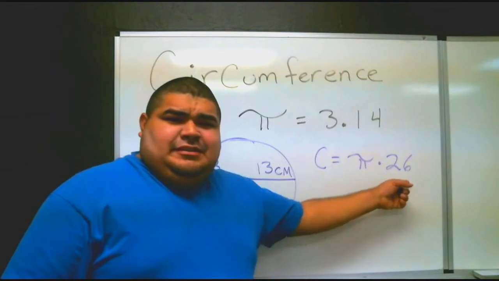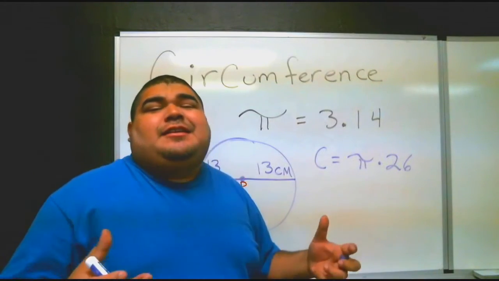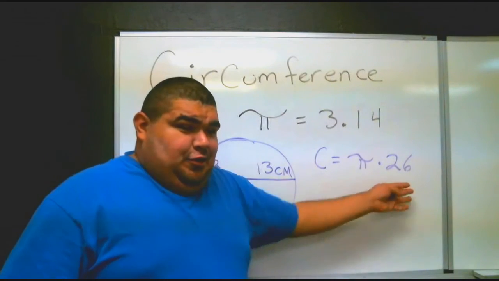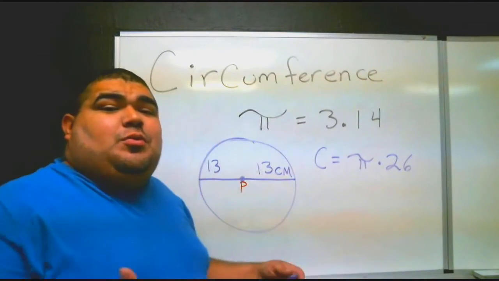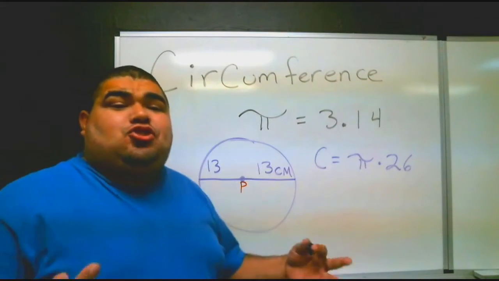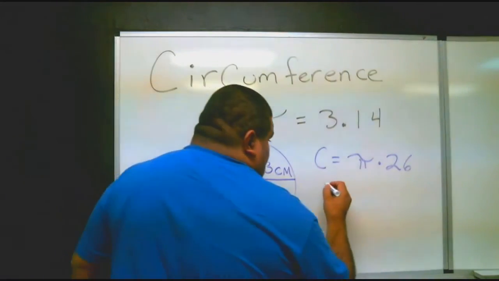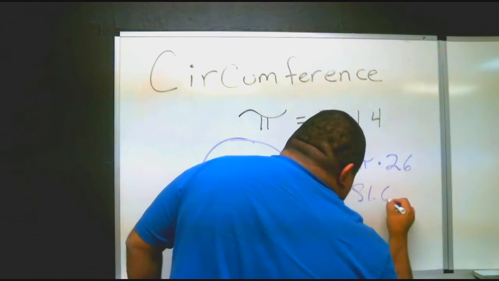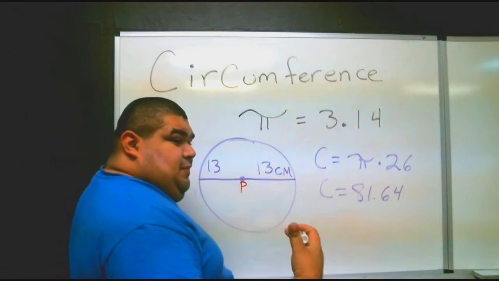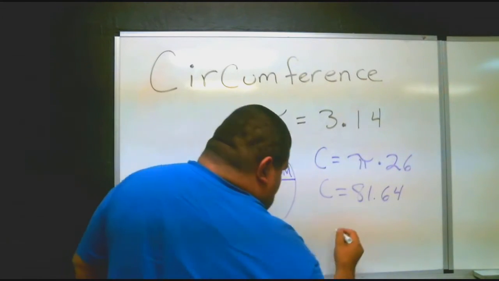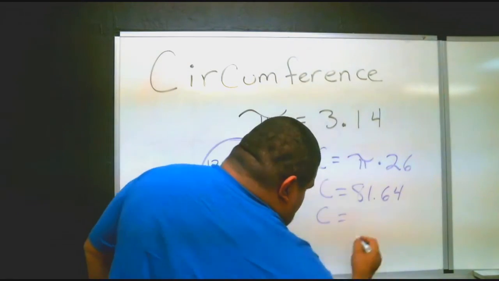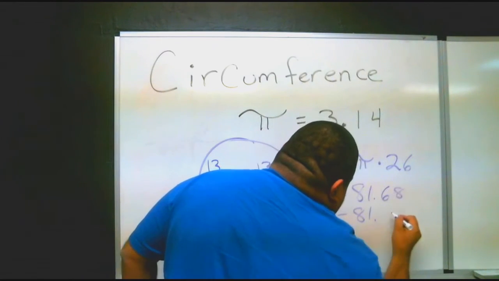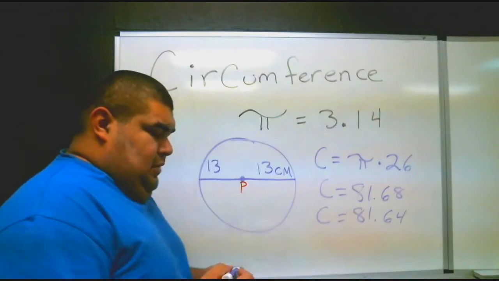Didn't we already have this? Remember, I said 2 radius is the same as diameter, which we combined earlier to get 26. So we already pretty much know the answer, which you should get the same answer, so we plug it in. C equals 81.64. If you plugged in the actual pi, you should have got C equals 81.68.